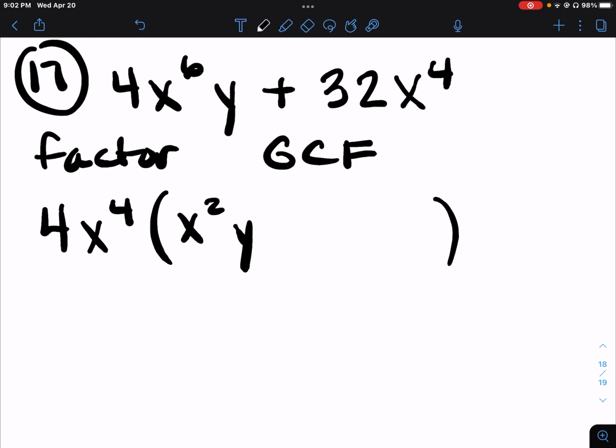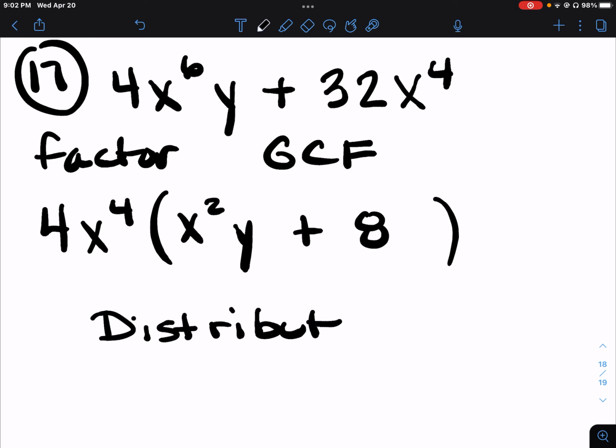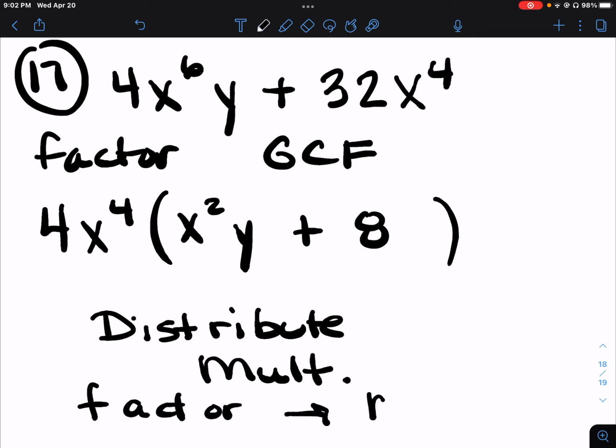For the x, 4 plus 2 more would give us the 6, and we need the y because it's not out front. 4x to the 4 times 8 would equal 32x to the 4. You're making a distribute problem. Distribute means multiplication. Factor means make a multiplication problem.